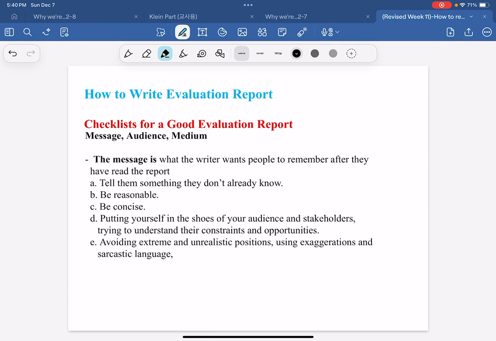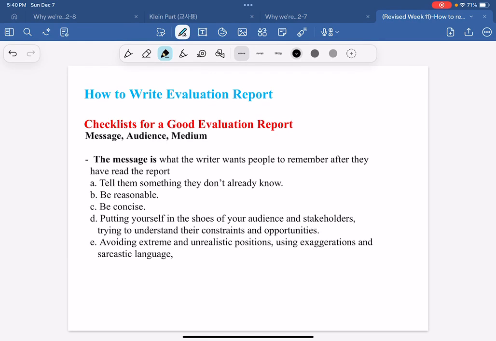And then there are some principles to create effective messages. Tell stakeholders something they don't already know, right? This is basic. And then the message should be reasonable. Also, the message should be concise.